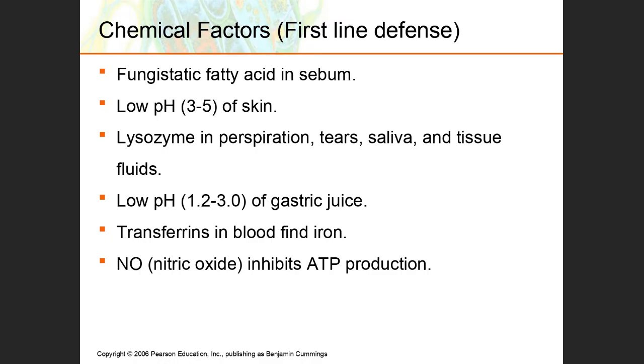Your stomach acid's very acidic, right? pH 1.2 to 3. But that's as we mature. Little babies, for example, do not have very strong stomach acids. And we don't want them to have strong stomach acids because, for one thing, mom's milk contains antibodies and antiviral compounds to help protect that newborn baby.